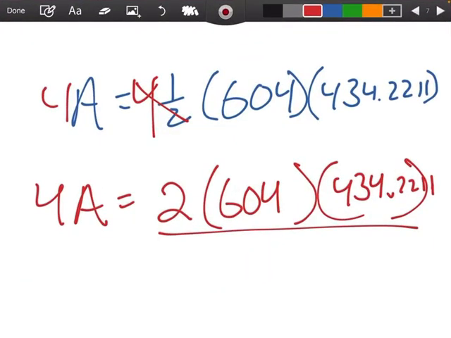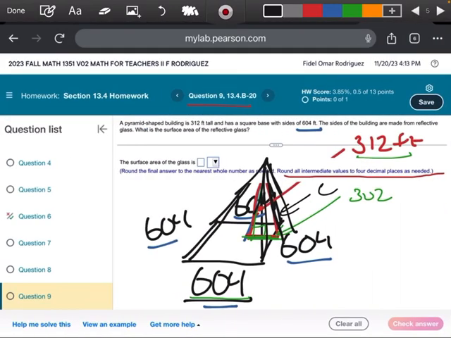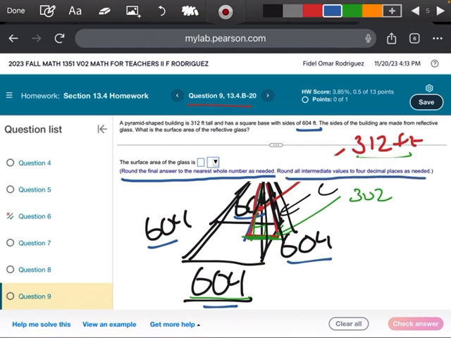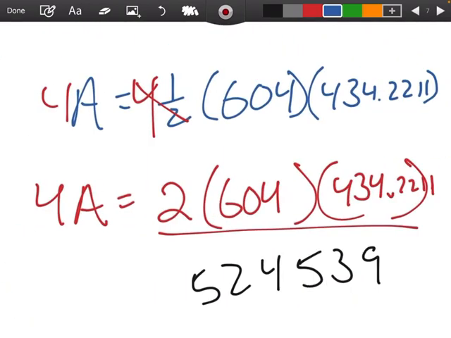Okay, and again, I want you to come back to the original problem, and when I come back right here, it says round the final answer to the nearest whole number. So I had to round the other parts to 4 decimal places, but then when I get to the end, I'm going to round it to the nearest whole number. So y'all, right here, and again, I'm going to put square feet, okay?